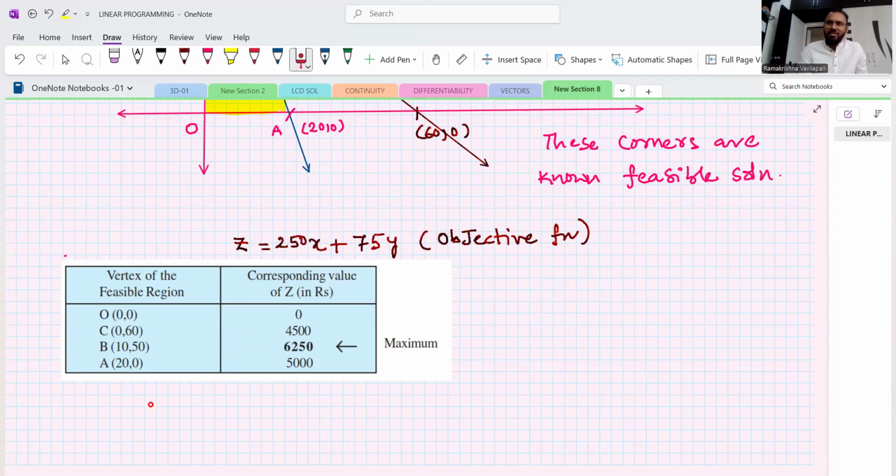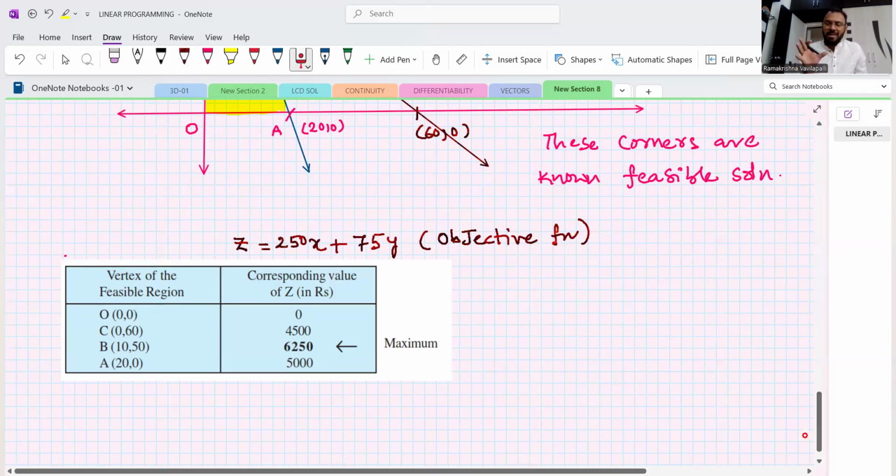And after that, we have to solve the question. I hope you all understand. So what are the basic terminologies I have used here? The very first one is constraints: linear constraints, non-negative constraints, and objective function.